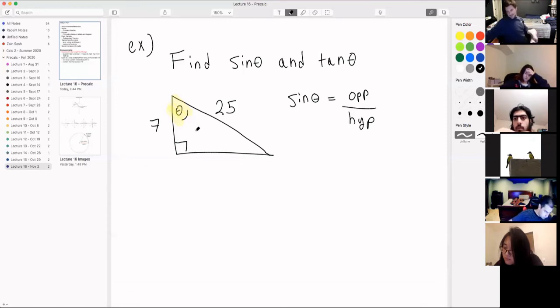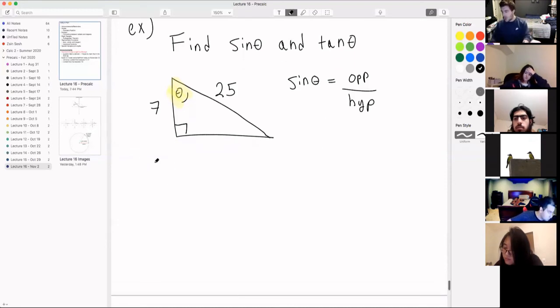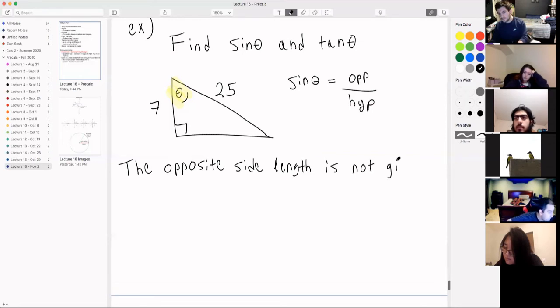Yes, exactly, Pythagorean theorem. Thank you. Good. So let me write this very quickly. The opposite side length is not given to us, which we need.